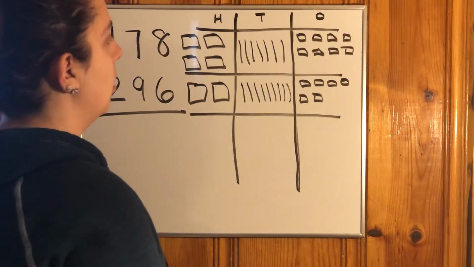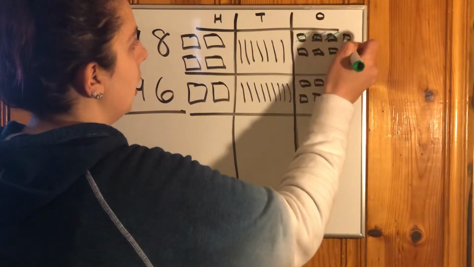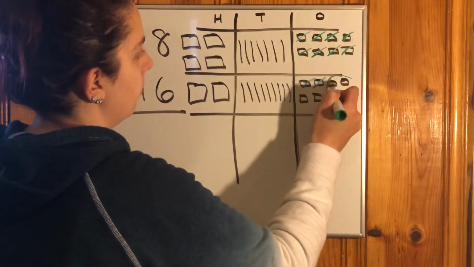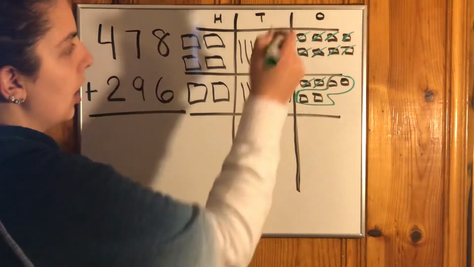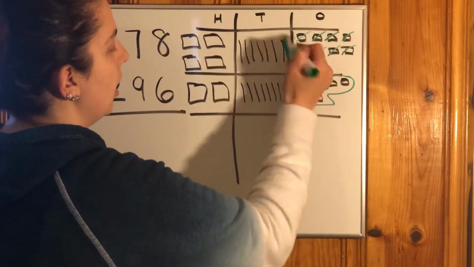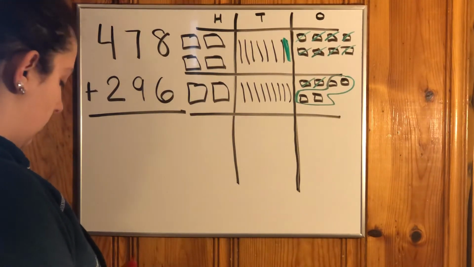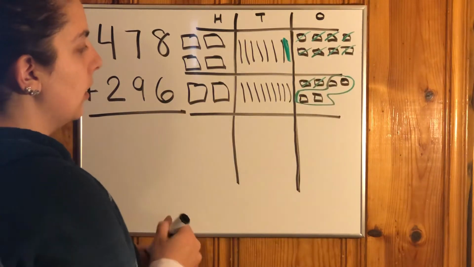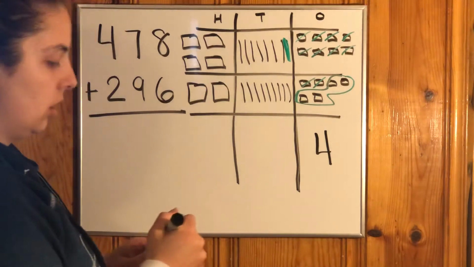So I'm going to cross out 10 ones. 1, 2, 3, 4, 5, 6, 7, 8, 9, 10. And I'm going to draw in a new 10 because remember I traded it in. Okay, what did that leave me with in the ones? It left me with 1, 2, 3, 4 ones. So that's going in my answer, in my sum.